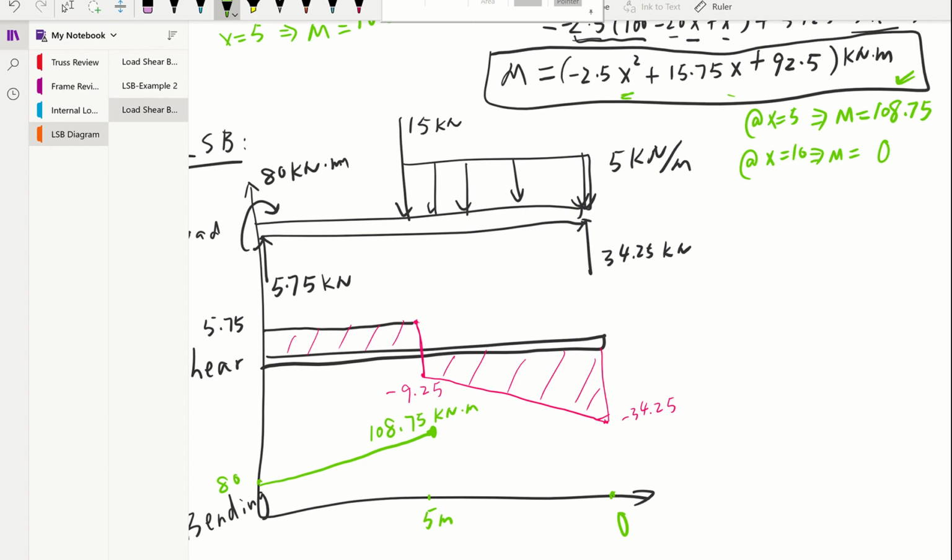And since there's a negative in front of it, this is actually going to curve down. So I'm going to make it dramatic. It's going to be like this. So it's a quadratic equation. Okay.